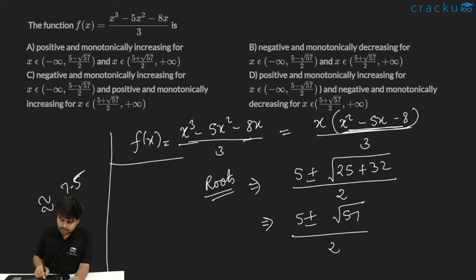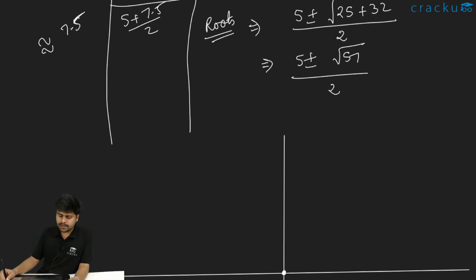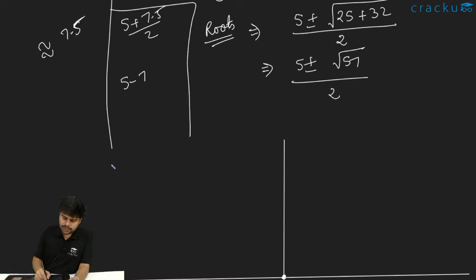So let's just do the rough calculation here. The first root will be close to 5 plus 7.5 divided by 2, and the second root will be close to 5 minus 7.5 divided by 2. This will be 12.5 divided by 2, which is 6 point something, 6.2 maybe.